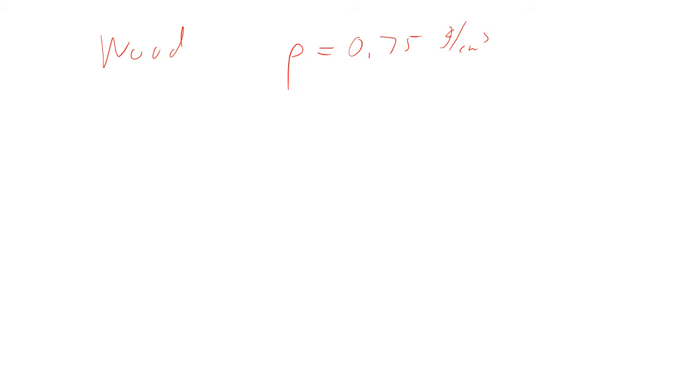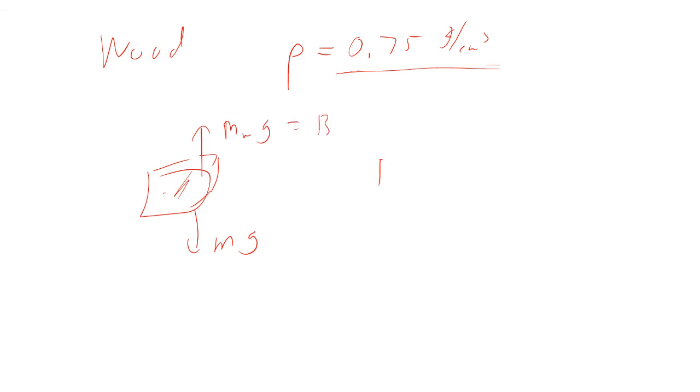Well, what would happen is, because the density is less than the density of water, that would mean the same volume of wood weighs less than water, so the mg of the wood is going to be less than the equivalent weight of displaced water. So that means the buoyant force will be bigger than mg, and that's going to push it upwards, and it's actually going to push it upwards until it's floating partially out of the water.